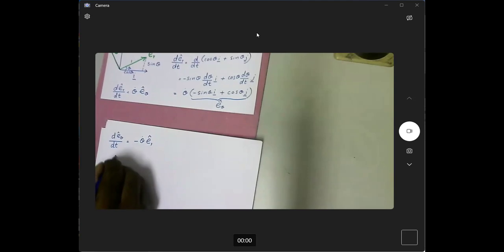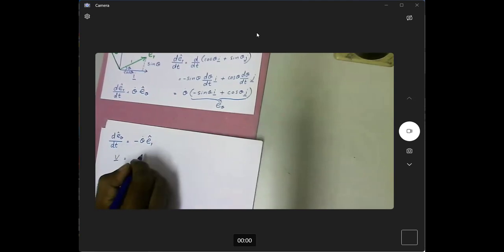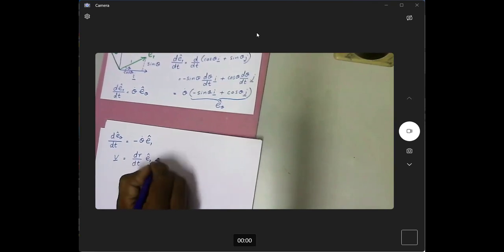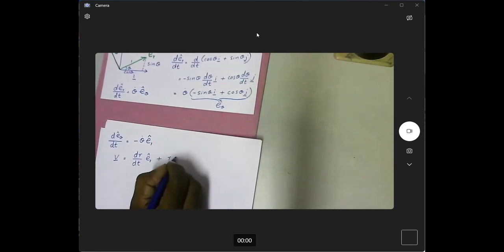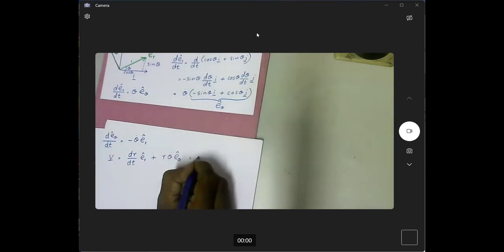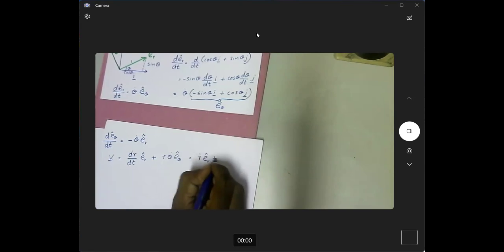Now the velocity in polar coordinates, I can write as dr/dt e_r plus r times d e_r over dt, which is theta dot e_theta. It means r dot e_r plus r theta dot e_theta.